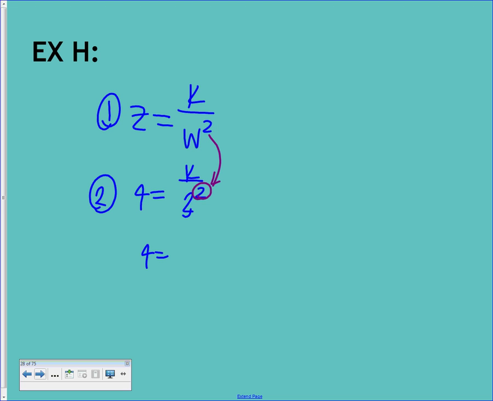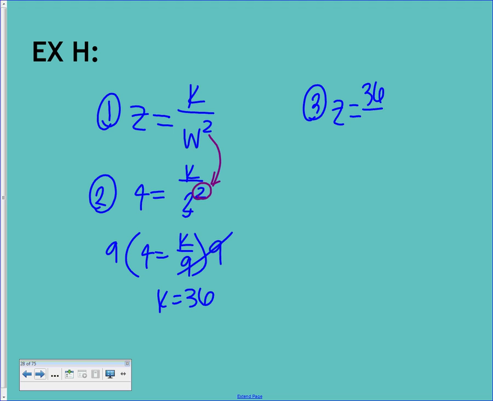So that says 4 equals k over 3 squared, which is 9. Again, to get rid of my 9, I'd have to multiply each side. So I get k to equal 36. So step 3, I'm going to rewrite my equation with that k value, which is 36 over W squared. Again, you are carrying through that square.